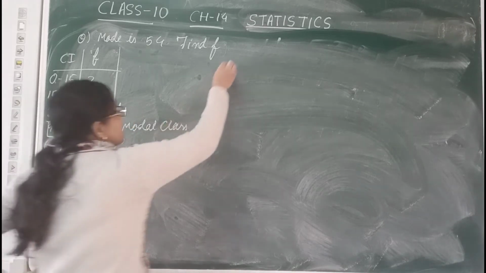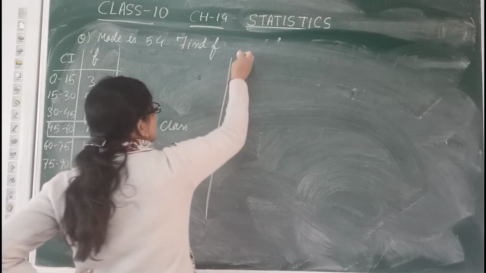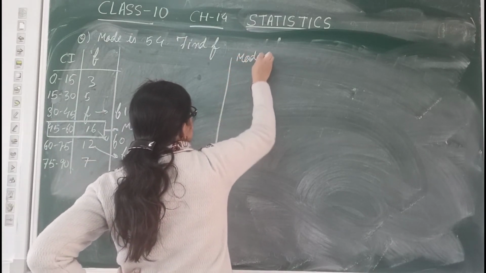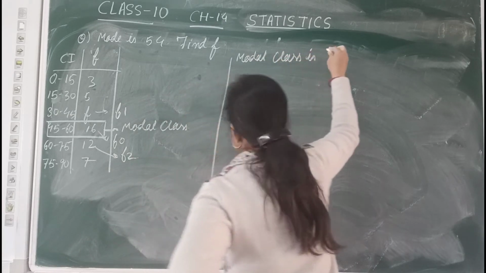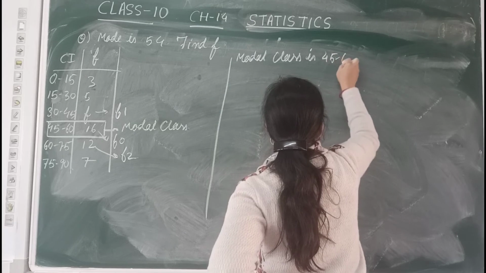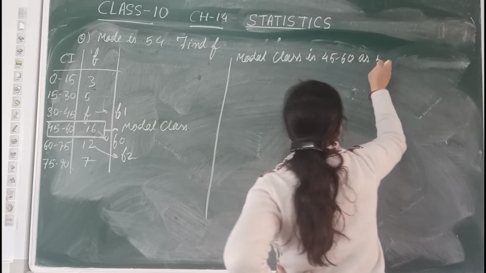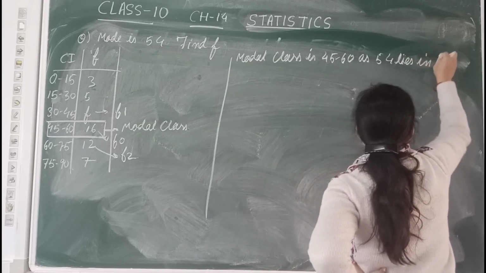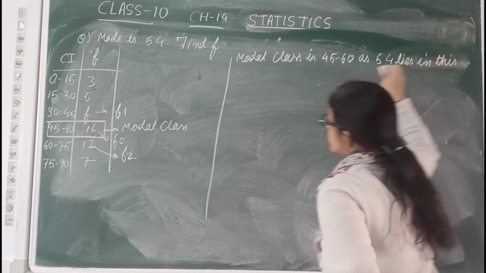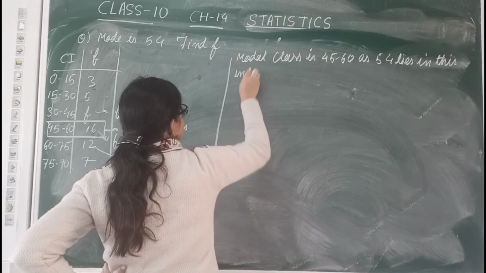Okay. So we will start our calculation. Modal class is 45 to 60 as 54 lies in this interval.